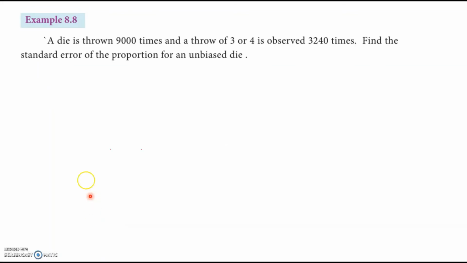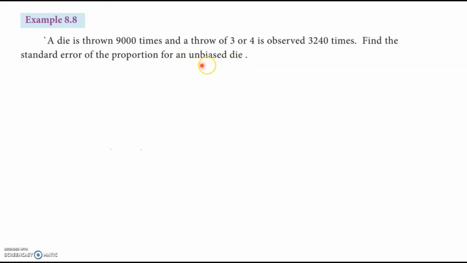In the next example, a die is thrown 9,000 times and a throw of 3 or 4 is observed 3,240 times. Find the standard error of the proportion for an unbiased die. So we need to find what would be the standard error of the proportion for an unbiased die here.